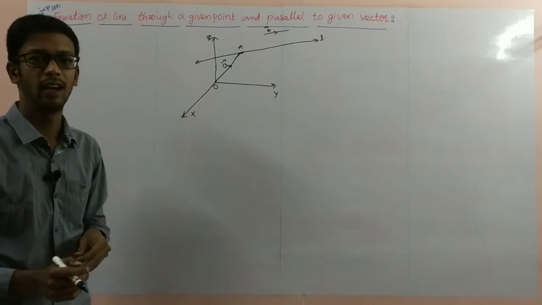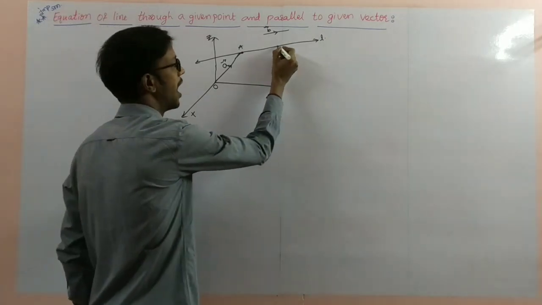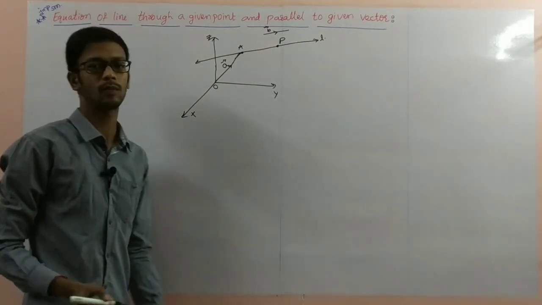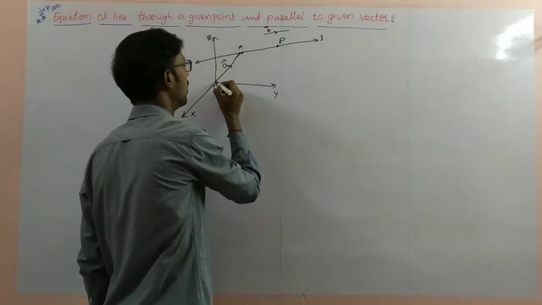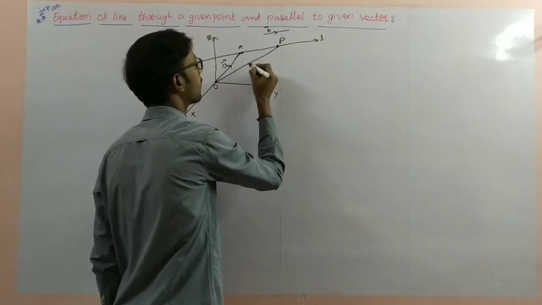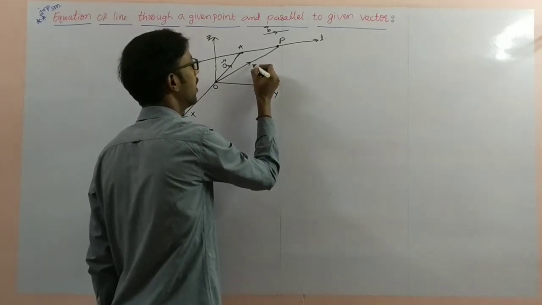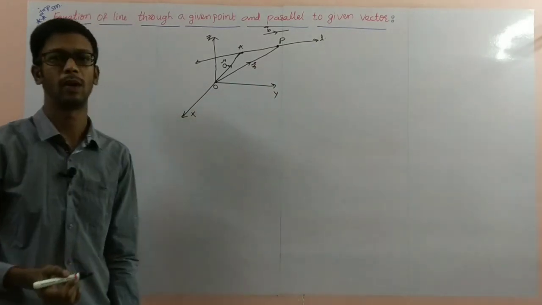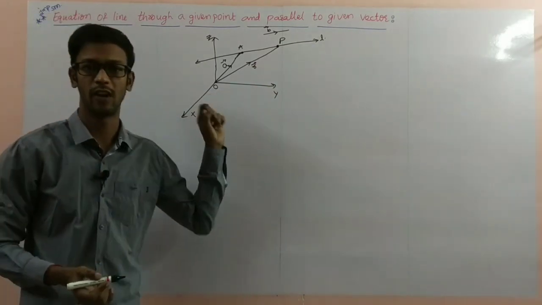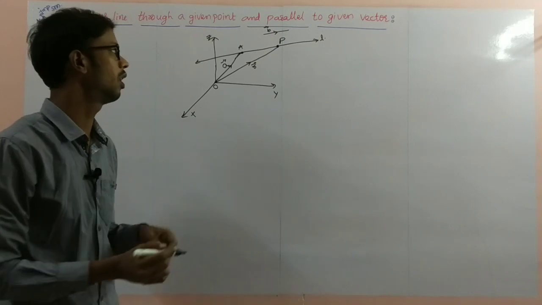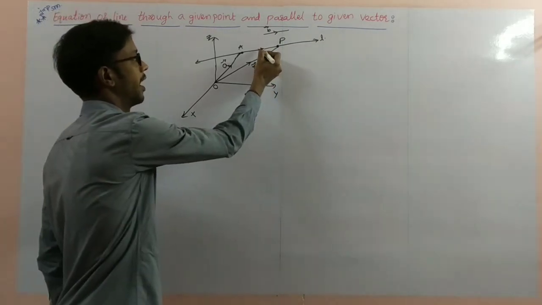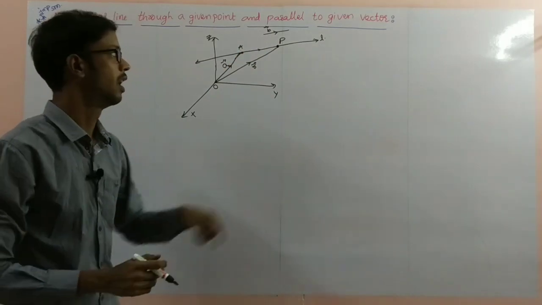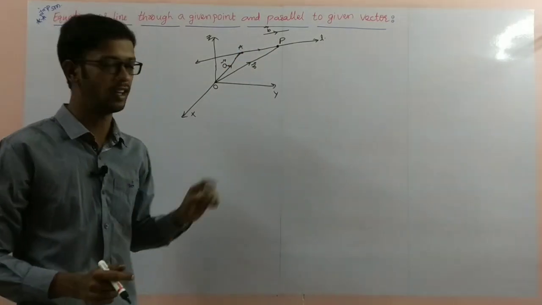Next, take another arbitrary point P on the line and join it. This is R bar, the position vector of P with respect to O. We will discuss this in vectors also. OP bar equals R bar. This direction is the same direction as vector B bar, line L. So this is the diagram.